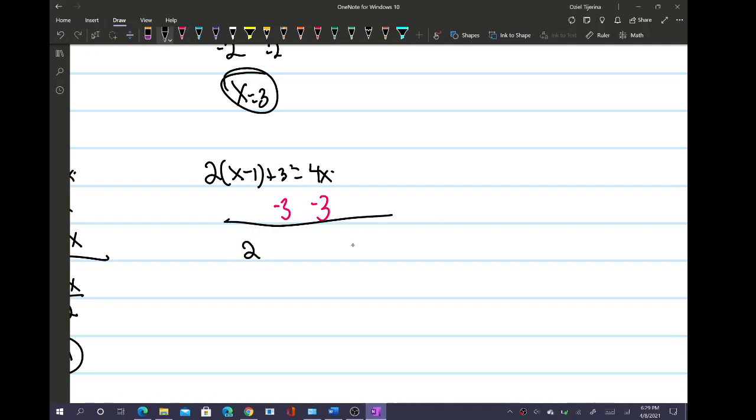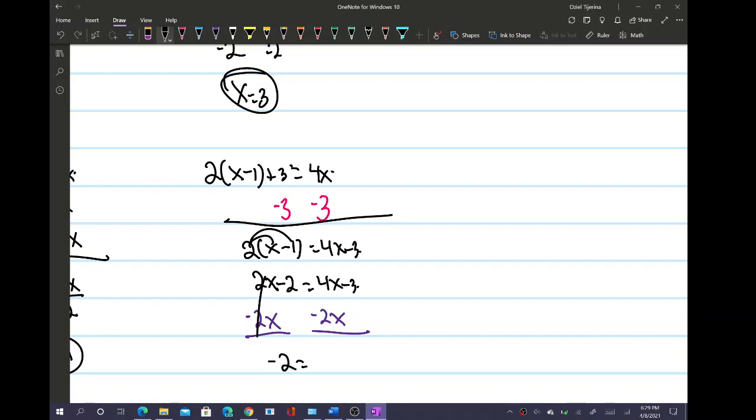So then we have 2 times x minus 1 equals 4x minus 3. And then by distributive property you do 2x minus 2 equals 4x minus 3. Then you subtract 2x on both sides, and you get negative 2 equals 2x minus 3.